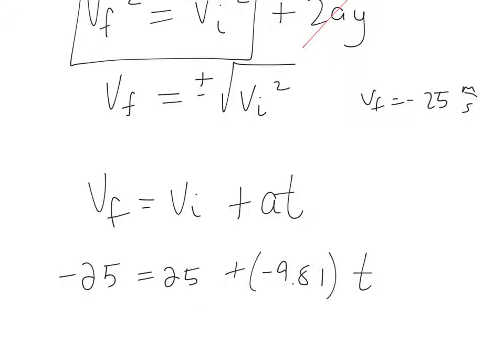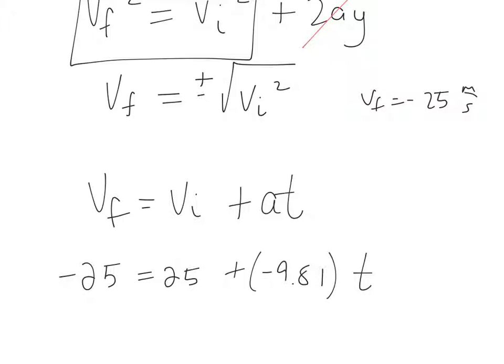And what we'll get here, instead of negative 25 over negative 9.81 that we got earlier, we're going to get negative 50 over that. So you're going to get double the answer for your time. Why am I going to get double the answer I got before? Before I got 2.55. Because it goes up and it goes down. Exactly. 2.55 up, 2.55 down will give you 5.1 as your answer for this problem.